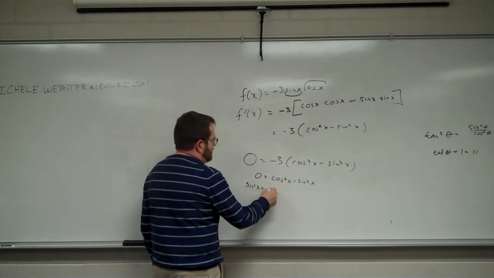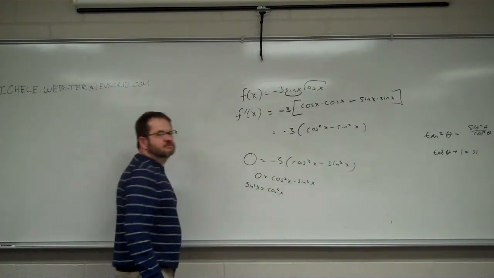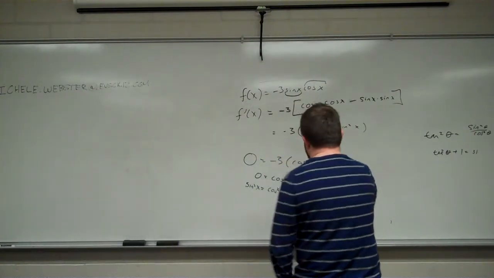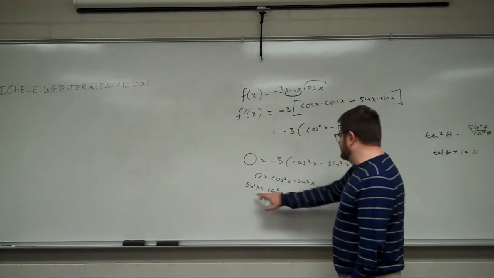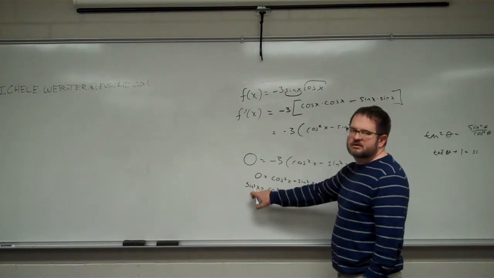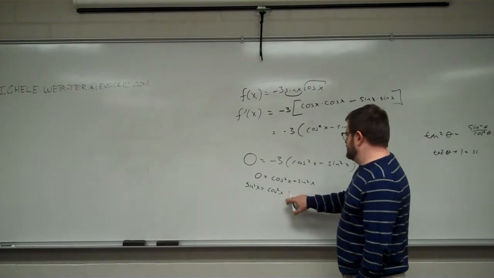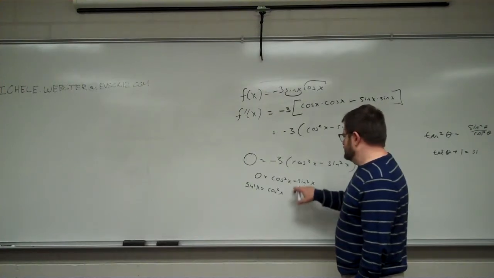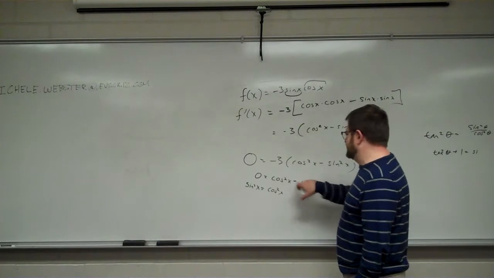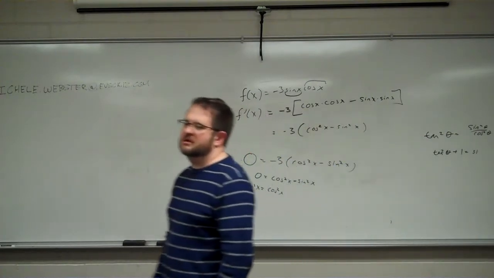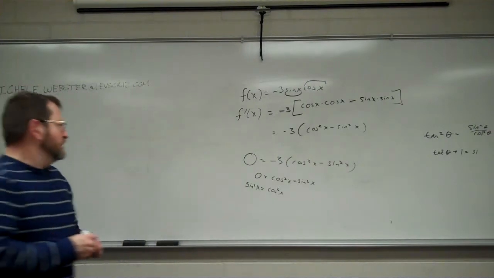Sine squared x, cosine squared x. Can't I just move this sine squared over here? Sure, cosine squared minus sine squared equals 0.